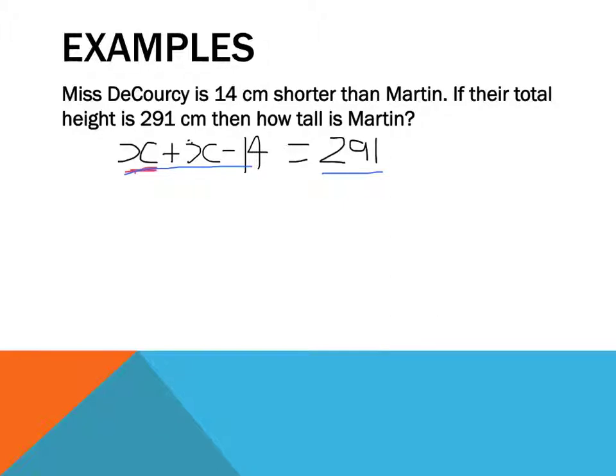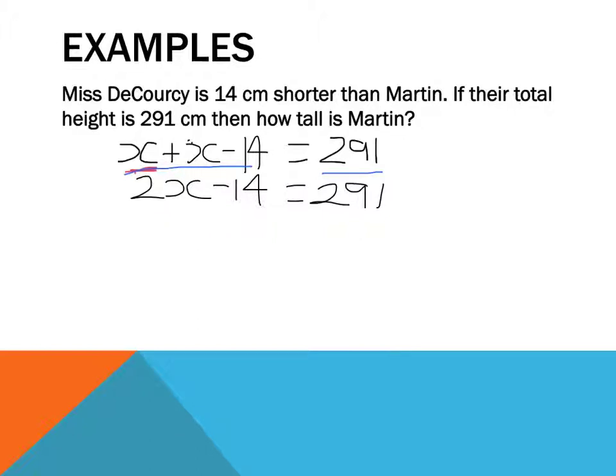It says x plus x minus 14 is 291. I've got two like terms there. I've got two x's. Instead of writing x plus x, a simpler way I can write that is 2x, subtract 14 is 291. So the next step when I've put together an equation is to see if I can simplify.